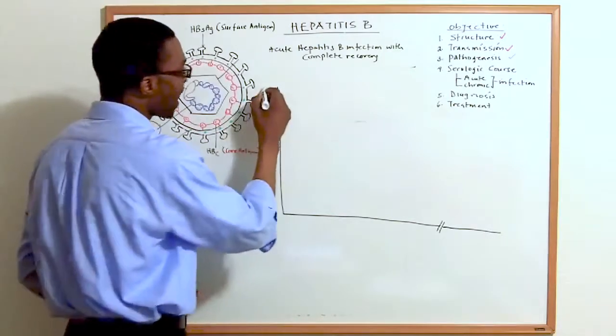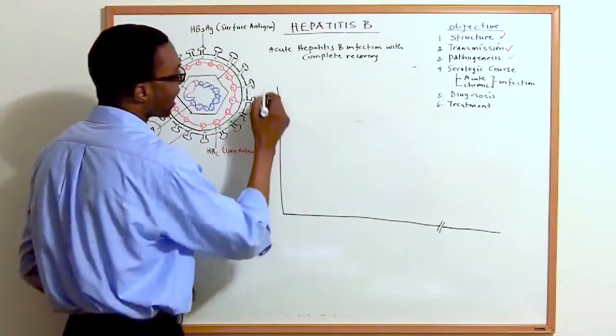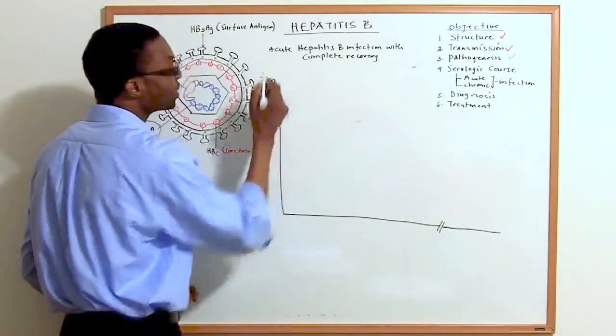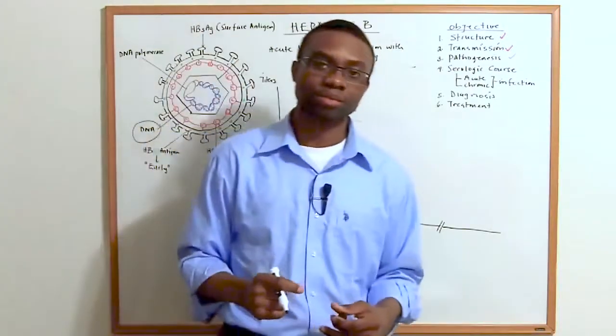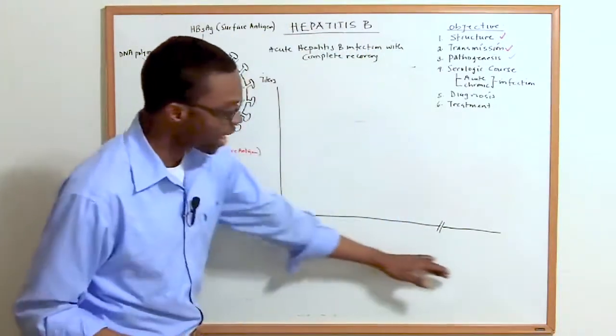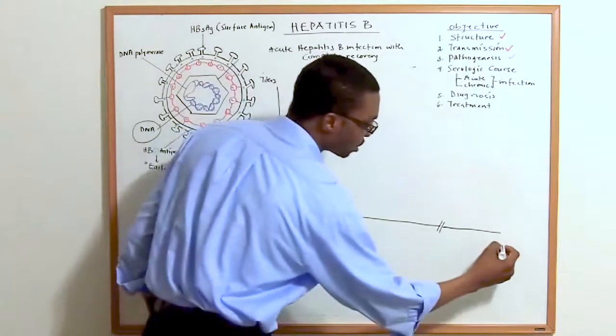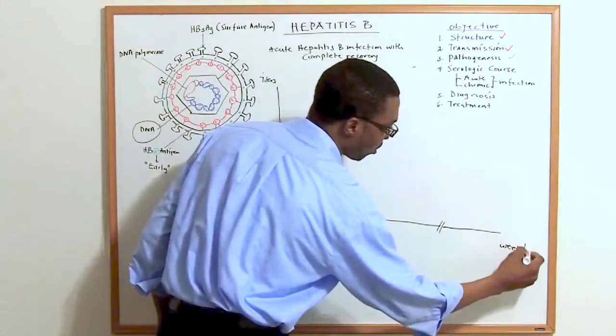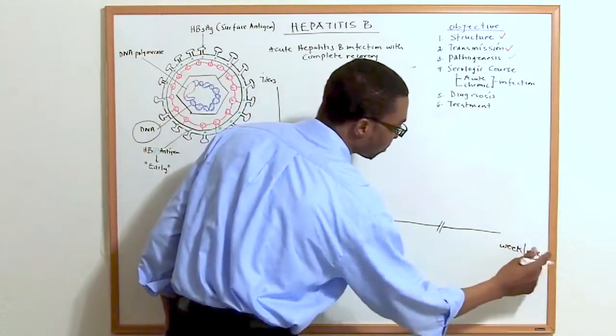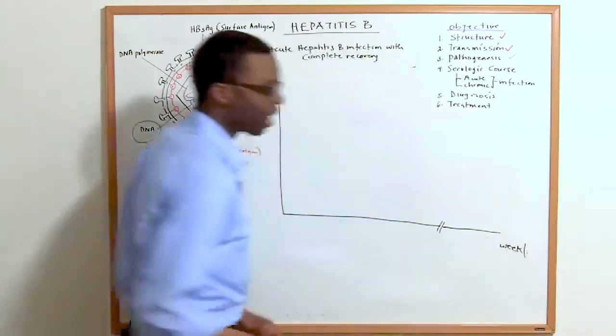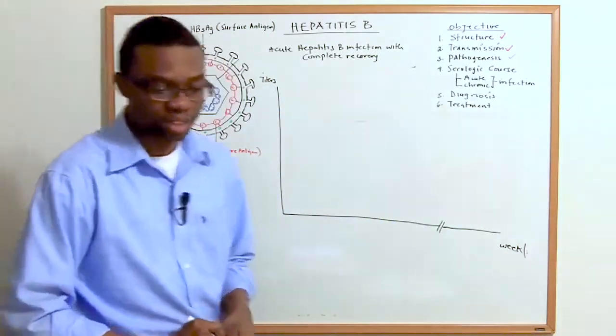On the y-axis are going to be titers, which means the viral titers. On the x-axis, we're going to put weeks or months, preferably weeks, of how a patient has an infection of hepatitis B.